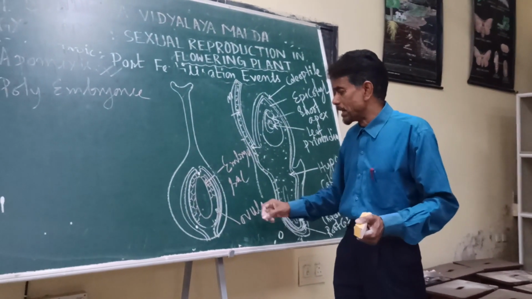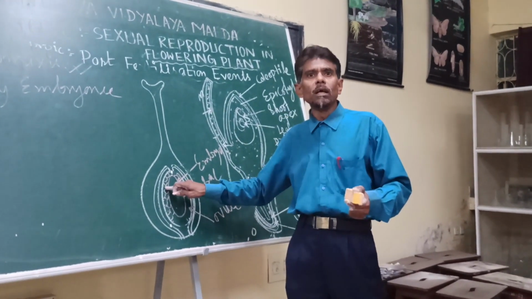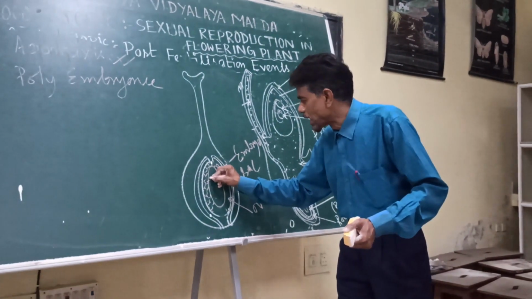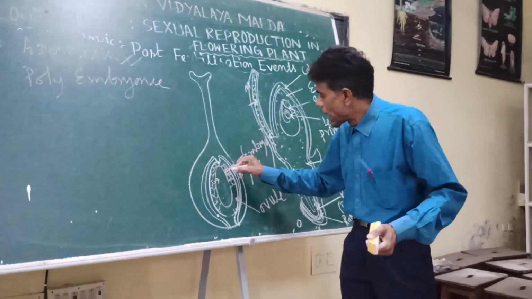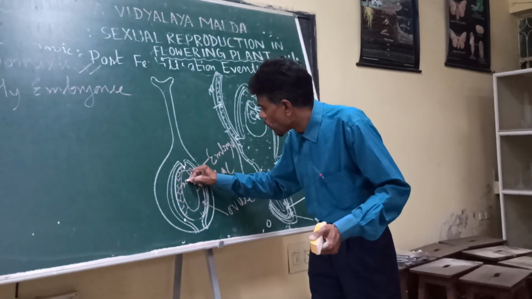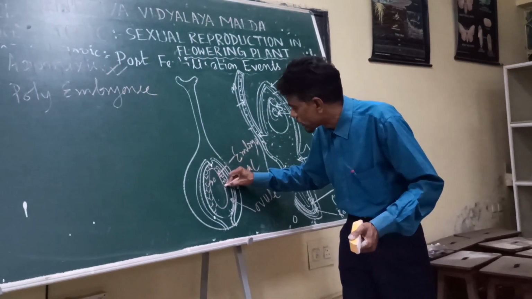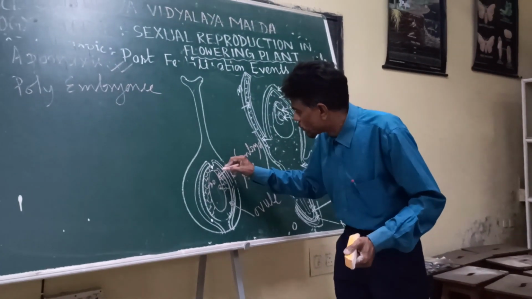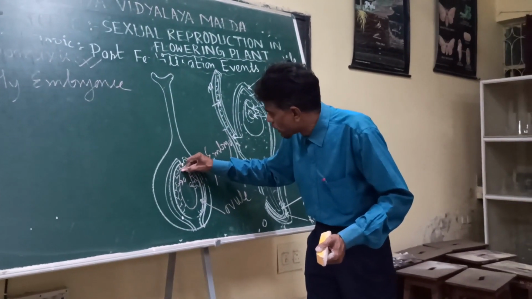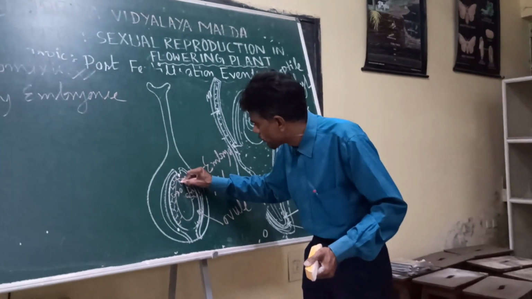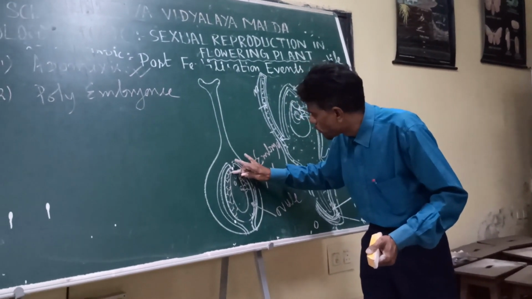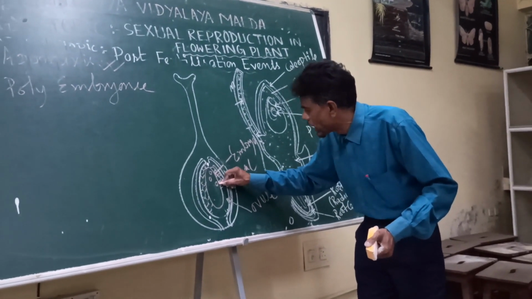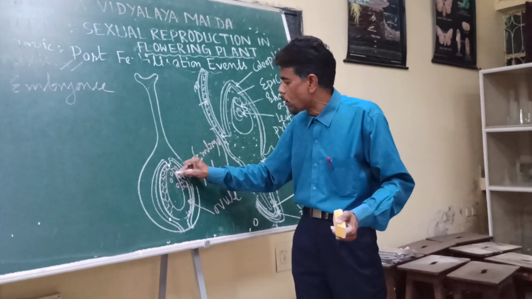But in certain cases, some of the nucellar tissue protrudes inside the embryo sac and also forms a small embryo sac. Suppose this nucellar tissue protrudes inside, forming one embryo sac. This nucellar tissue protrudes inside, forming another embryo sac.